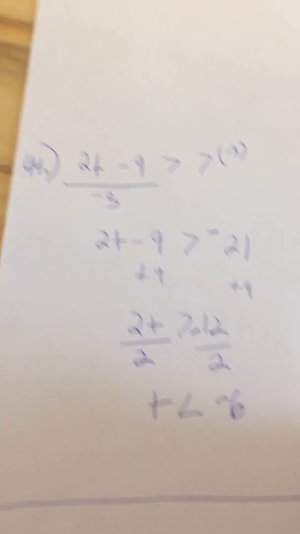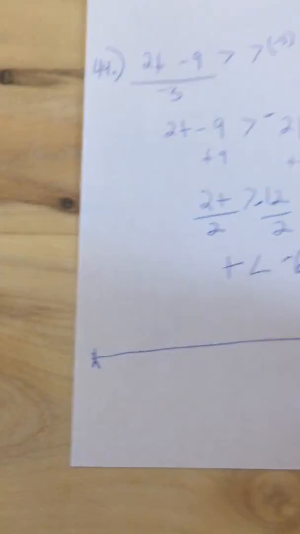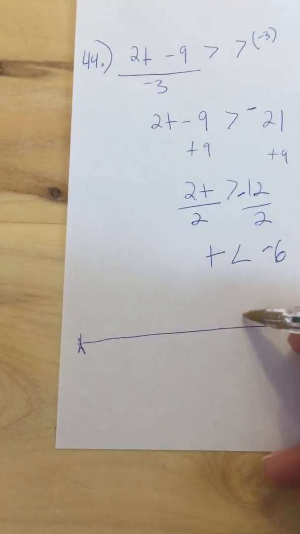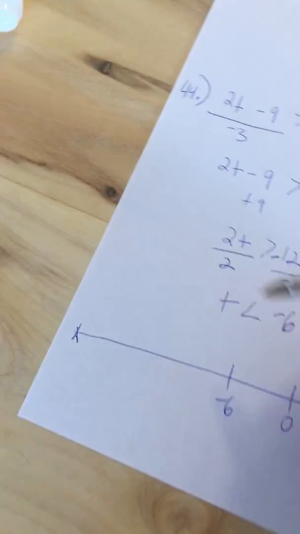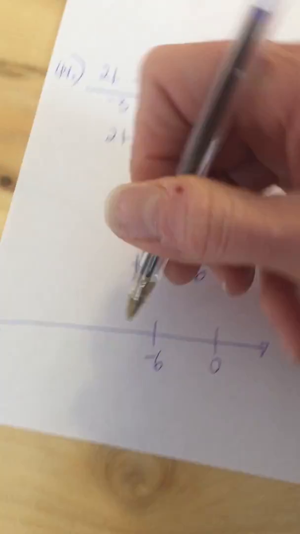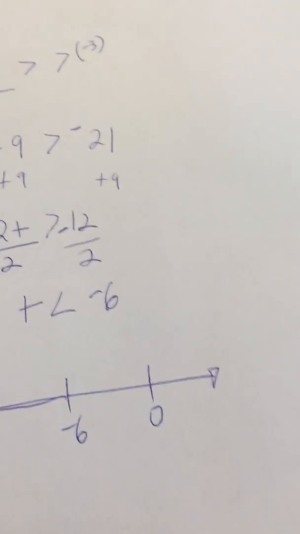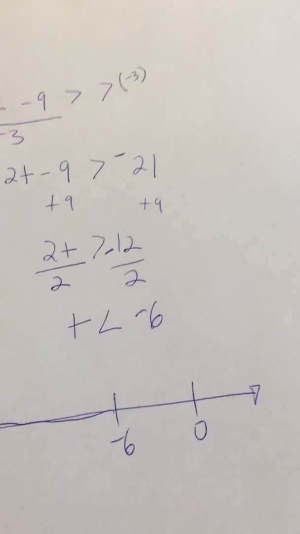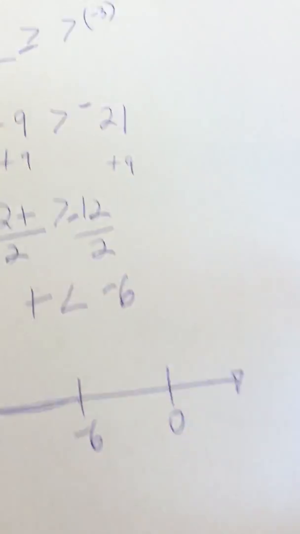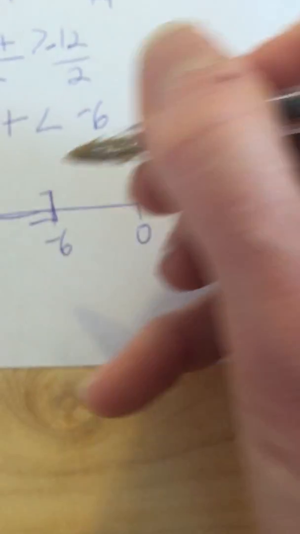So I'm going to draw my line. Here's 0, here's negative 6, and it doesn't include it, so it's going to go this way. Oh, it did have this up here, so it does include it. So let's make it a bracket.